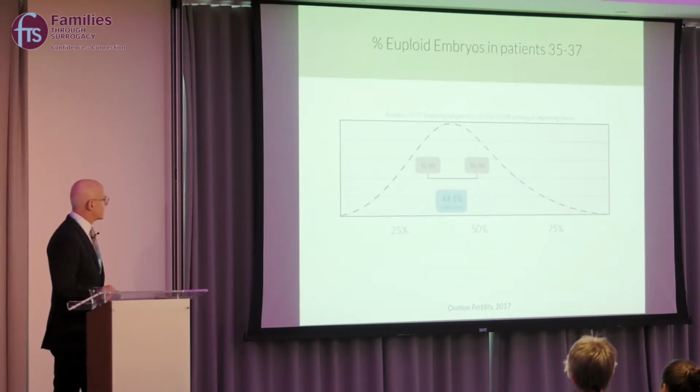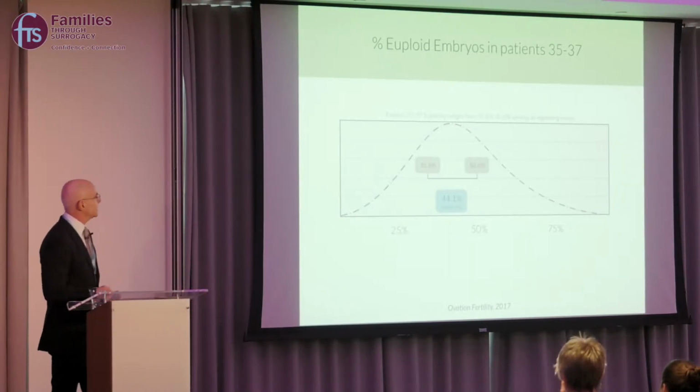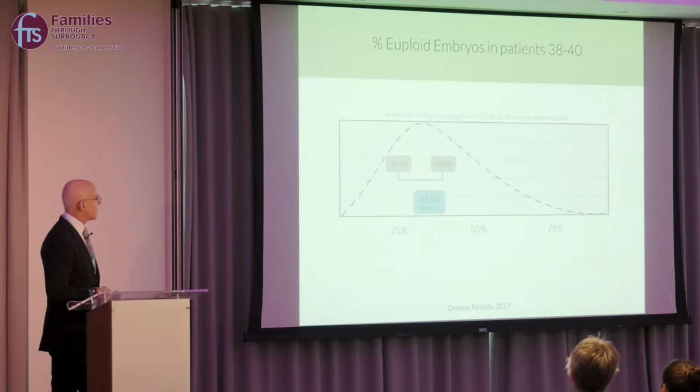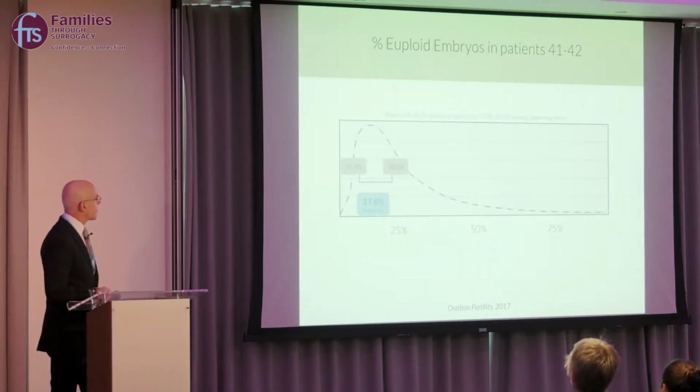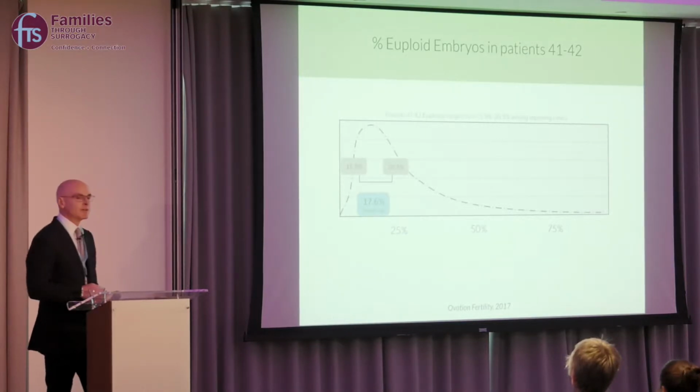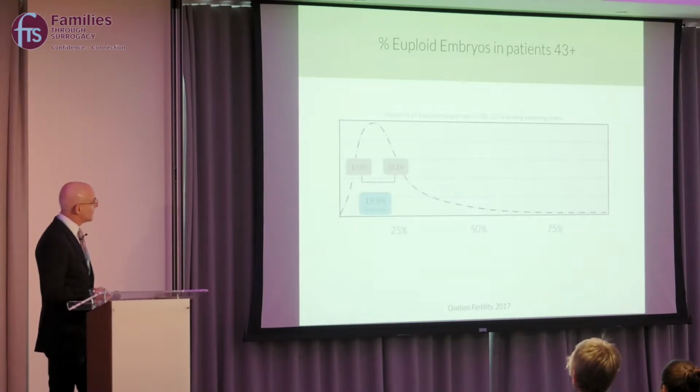From 35 to 37, it decreased to about 44%. At ages 38 to 40, we're down to about 32% euploid embryos. And look what happens over age 40. Ages 41 to 42, 17% of embryos are euploid.